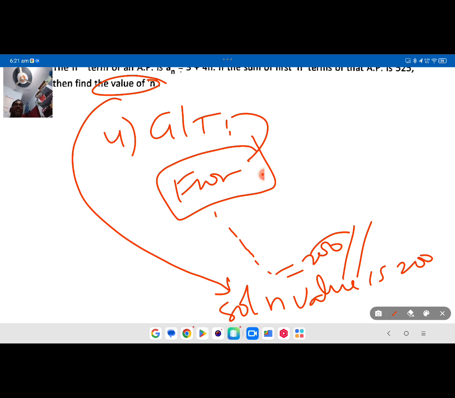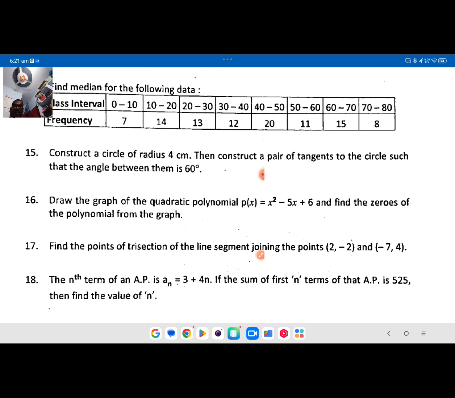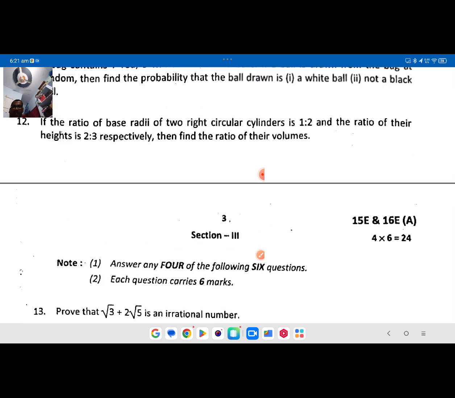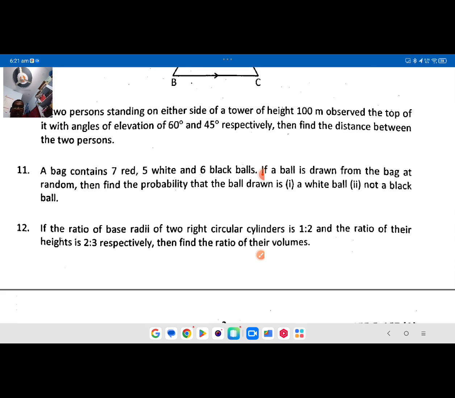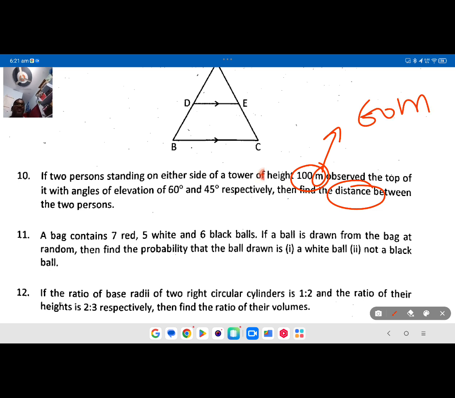For example, if he is giving units, I'll take an example here. Height is given as 100 meters. He is asking to find the distance between two persons. For example, you got 60. Don't leave it as 60, but write the units also. Distance between two persons is 60 meters.